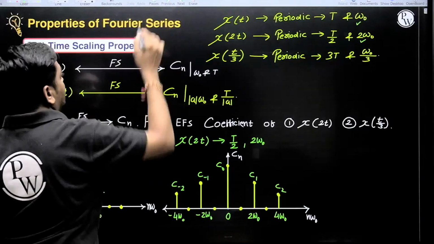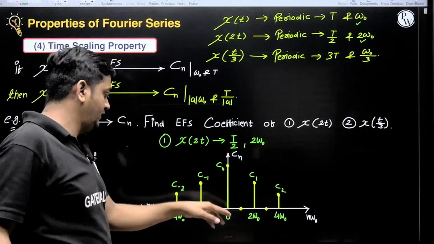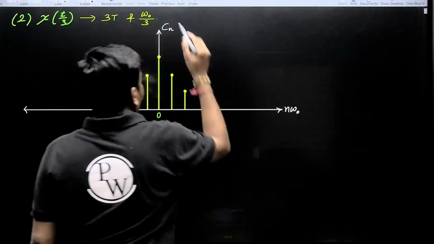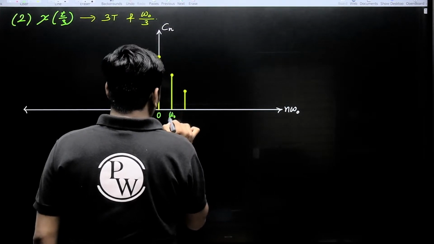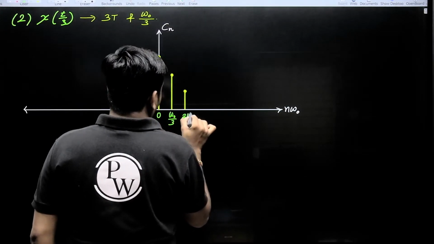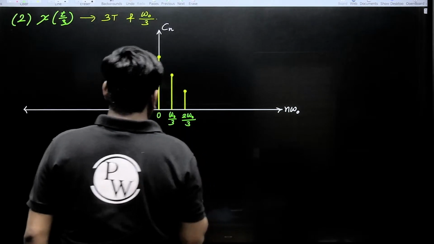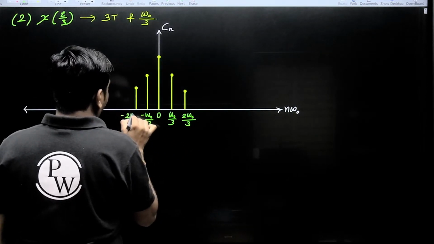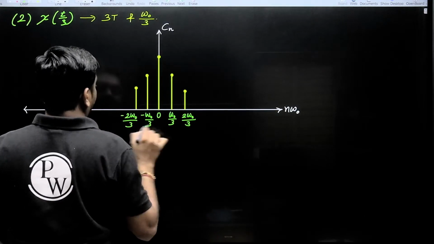Now replace omega 0 with omega 0 by 3. So if you replace here omega 0 with omega 0 by 3, guys, here omega 0 by 3, you will find one kind of compression. Then here 2 omega 0 by 3, guys. Here minus omega 0 by 3. It will be minus 2 omega 0 by 3.